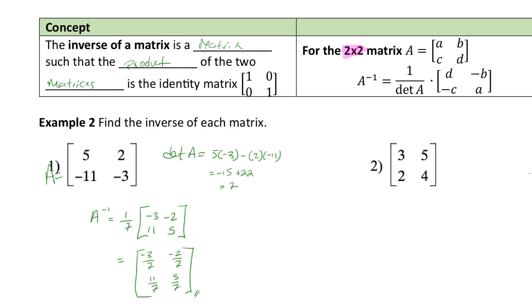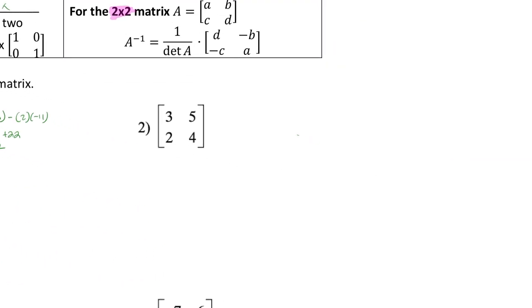Let's see number 2 here. Again, let's start by finding the determinant, and name it A. The determinant of A equals 3 times 4 minus 5 times 2, so 12 minus 10 equals 2. So for my inverse, I'm going to multiply by 1 over 2, the reciprocal of the determinant, and then I'm going to swap the 4 and the 3, and change the signs of -5 and -2.